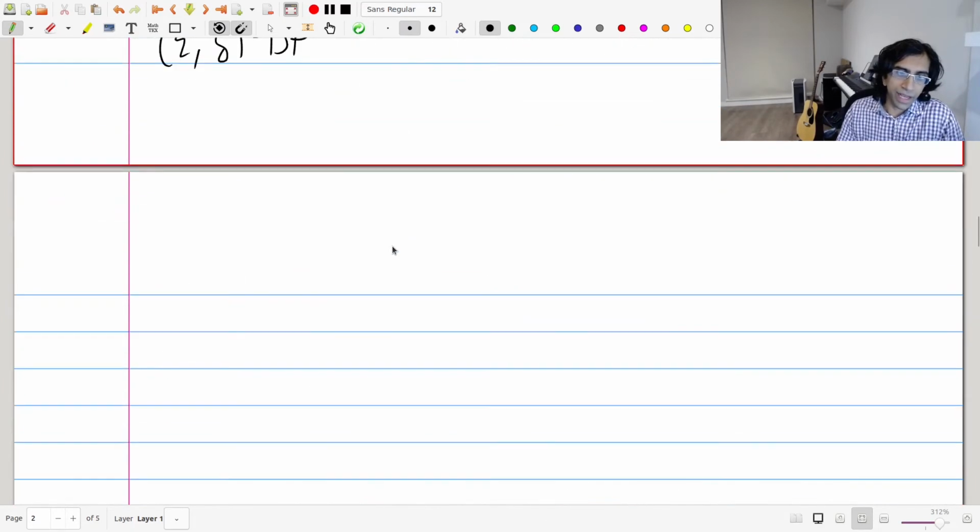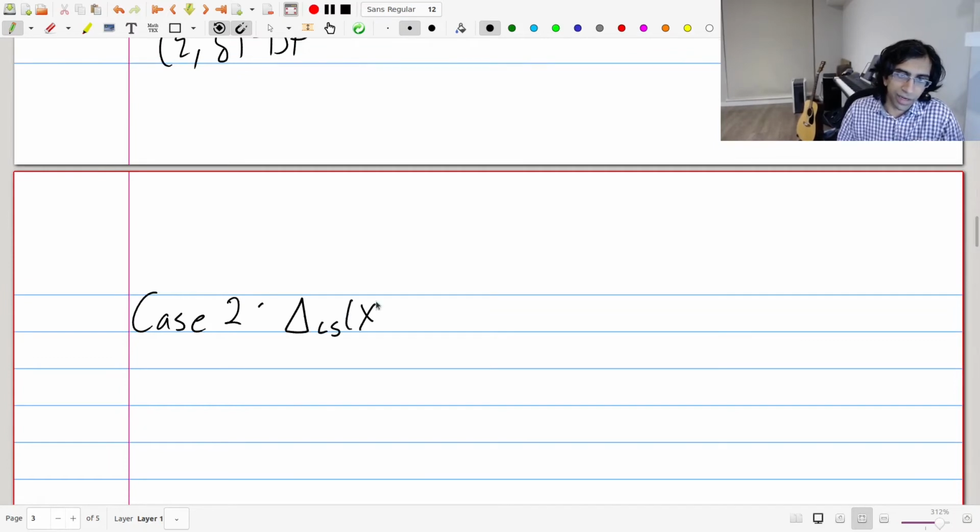So let's do the second case where the local sensitivity is small. Case 2, where delta sub LS on x is less than or equal to beta. In this case, we can view the algorithm as a composition of two differentially private algorithms, and call it a day after that.